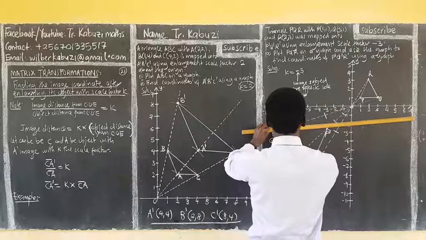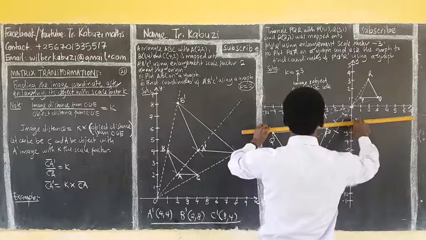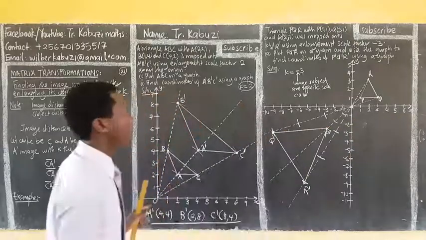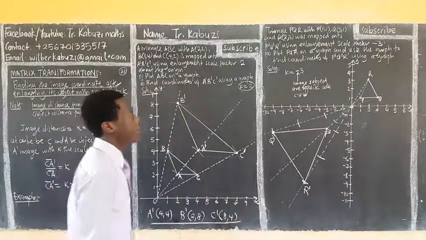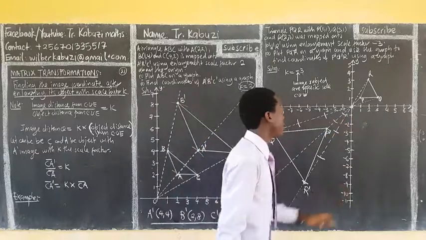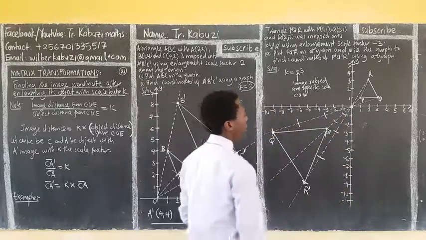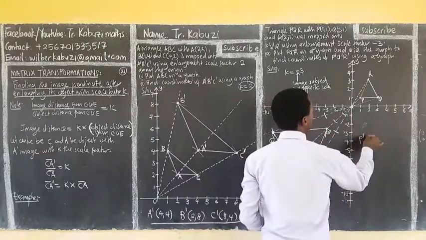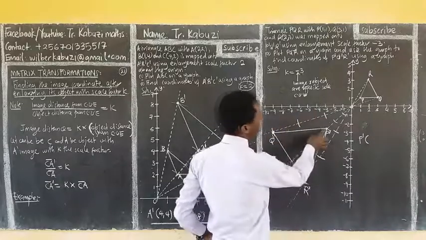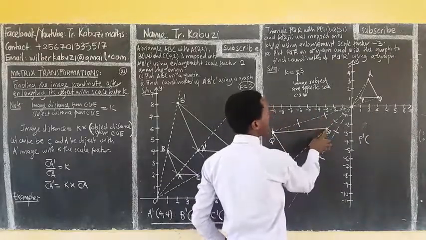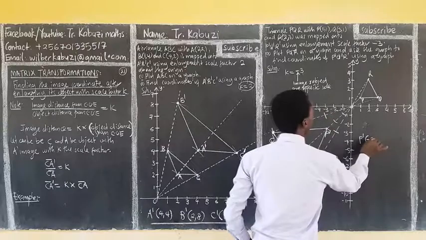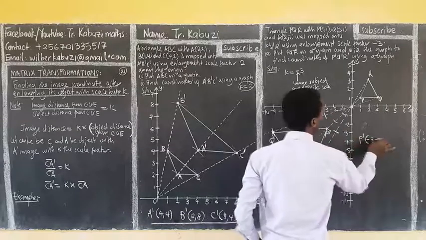For you, when you are in your book, it's going to be very easy. That's what we now have. To read the coordinates, for P prime, you start with the X. X is -3, comma, my Y is -3.